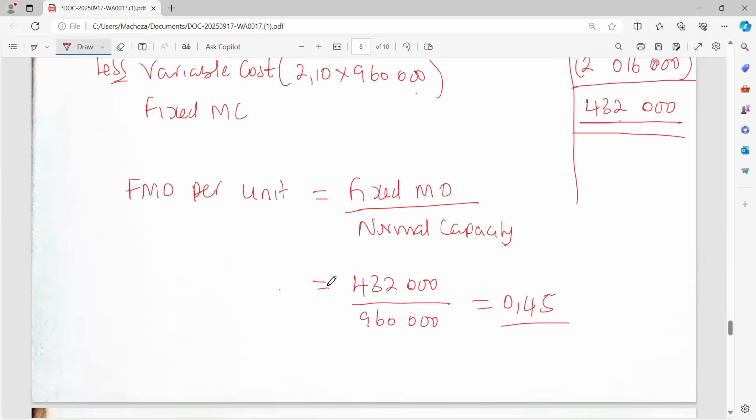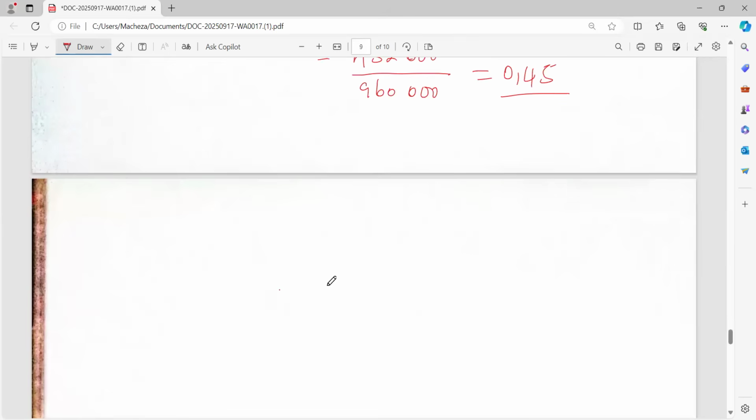So in our conclusion, then we're going to say, who is benefiting?